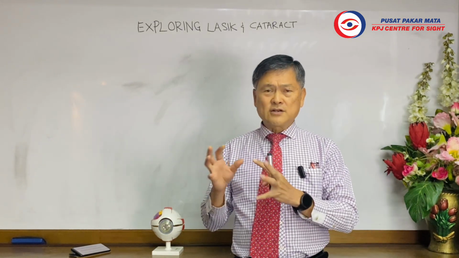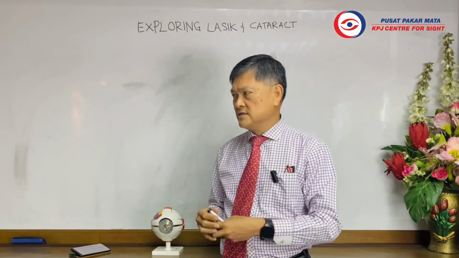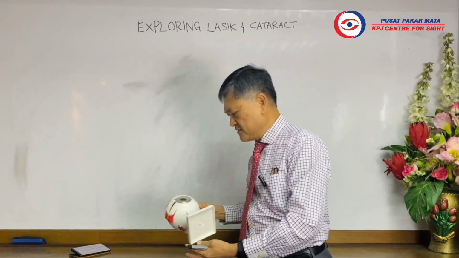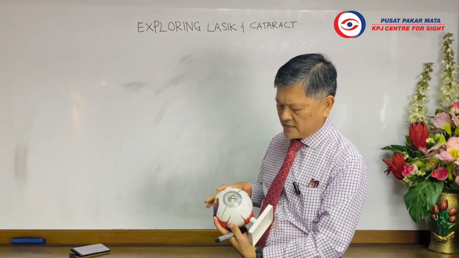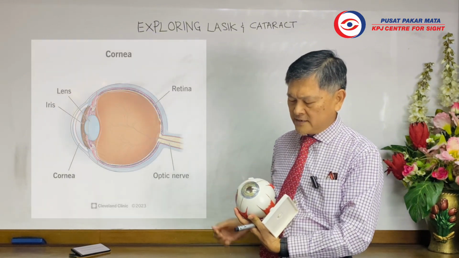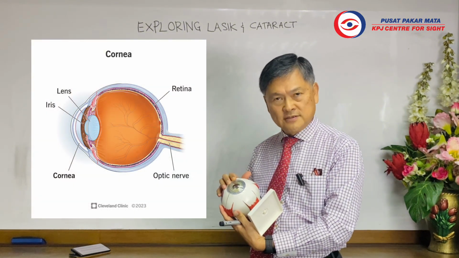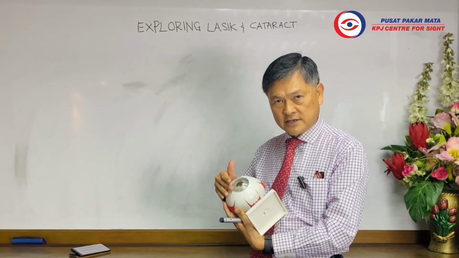Okay, so the correction actually happens on the cornea. The cornea is the most front part of the eyeball, which is shown here. This is the cornea. So when it comes to correction, we are using laser to change the curvature of the cornea.